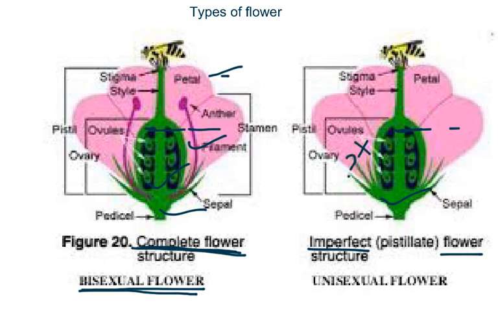So it has only three whorls: corolla, calyx, and gynoecium. Androecium is not here. So this type of flower is called an imperfect or incomplete flower. An incomplete flower is always a unisexual flower. Why is it unisexual? Because it has only one reproductive part. It could be either a female reproductive part or a male reproductive part.